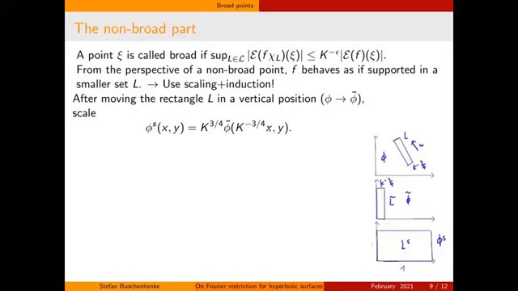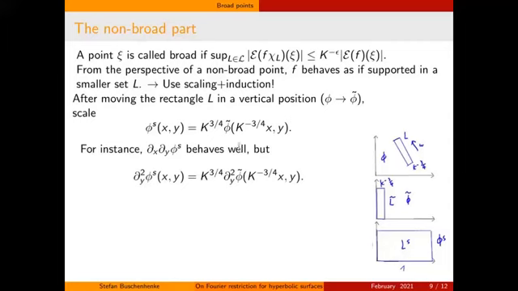That means you scale in x here by k to the minus 3/4. So this is basically the anisotropic scaling, where you scale only in x, right? And you see if phi is just x times y, then of course this scaling here just cancels out. But now you have some perturbations, and this is a bit tricky.